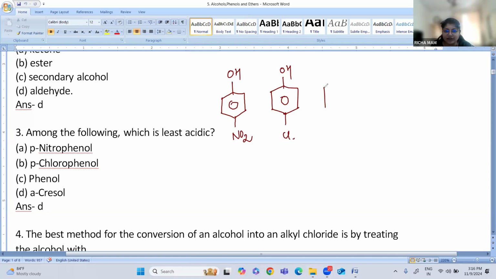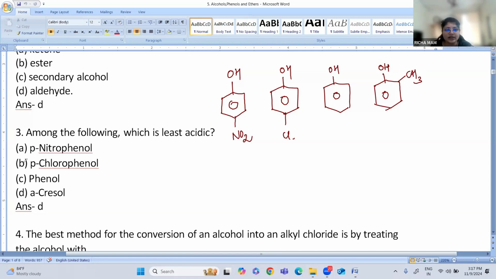Then you have phenol. Next is orthocresol, which means that with respect to phenol, you have a methyl group at the ortho position. They have asked which is least acidic.